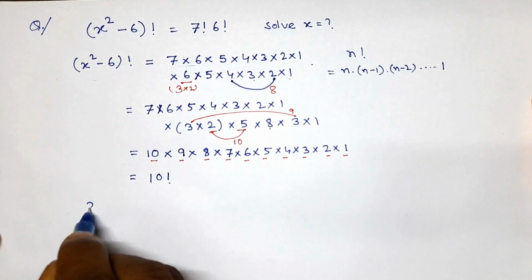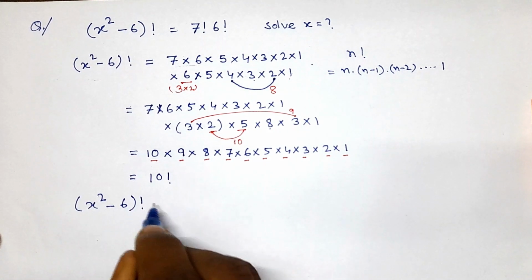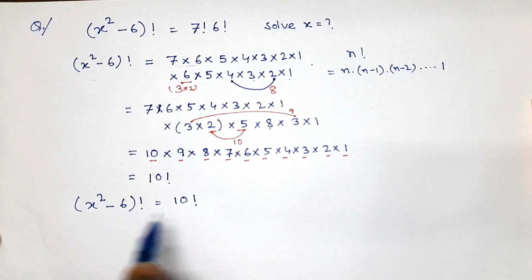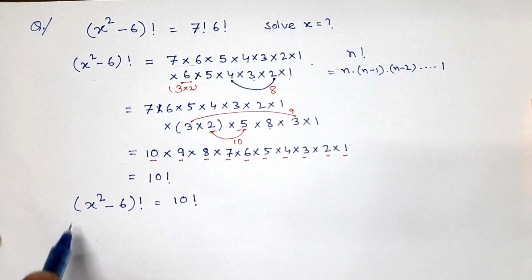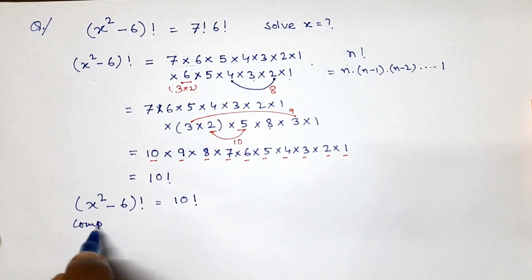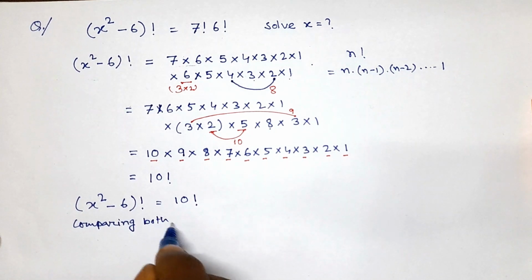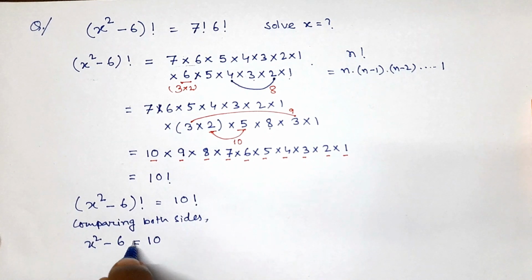So what we get? (x² − 6)! equals 10!. We cannot cut the factorial signs, but comparing both sides, we can write x² − 6 = 10.